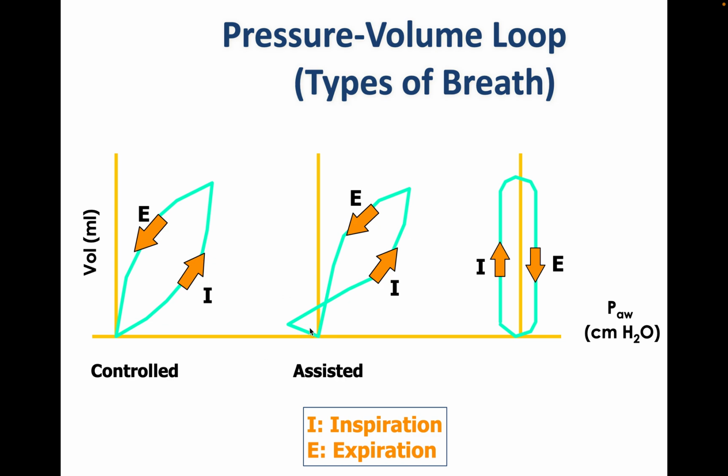Where the patient is triggering, it goes negative pressure, and then there is initiation of the inspiration with expiration. Something looking like a fish is an assisted breath, whereas if it looks like this loop, which is just like a standing loop with the inspiration and expiration, it is a spontaneous breath.